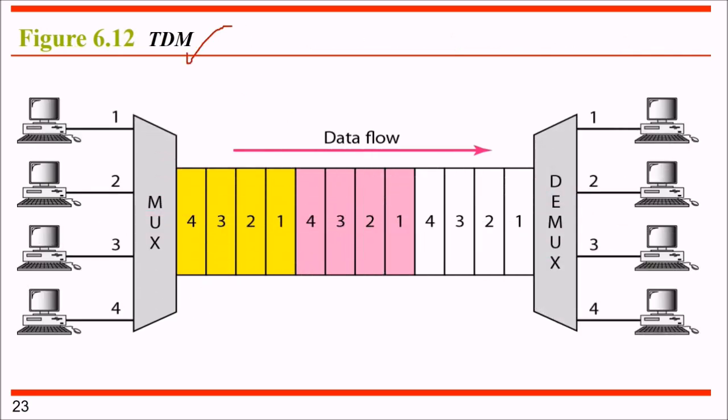Then we come to TDM, time division multiplexing. How does this work? Allow the first sender to send for a time, say delta t, because it is very small. Then allow the next one to send, then the third, then the fourth.